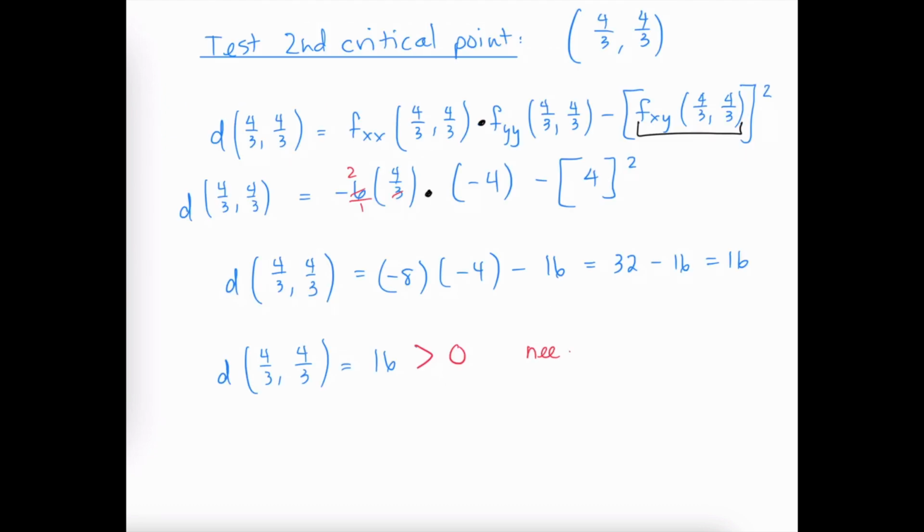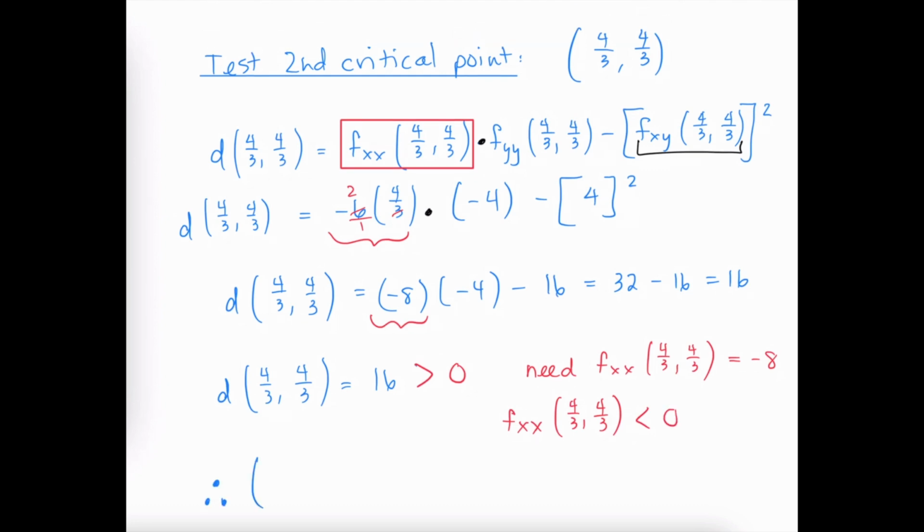So back down here, that tells us that we now need to look at the second partial with respect to x, evaluated at (4/3, 4/3), which we've already determined to be this quantity here that turned out to be -8. So since this second partial is negative, that means that we're going to get a minimum at the ordered triple (4/3, 4/3), and then the function evaluated at (4/3, 4/3) as the z-coordinate.